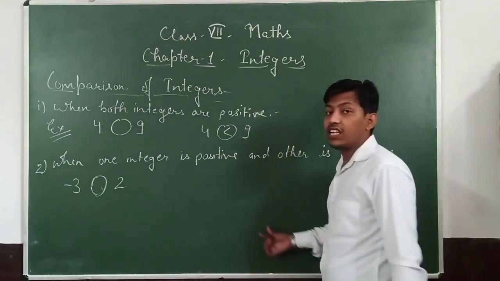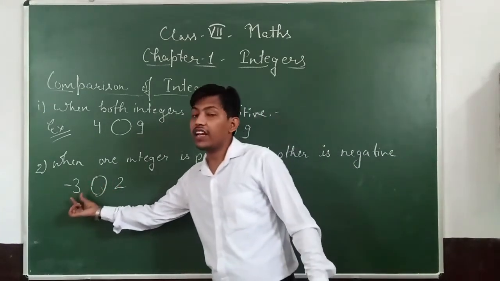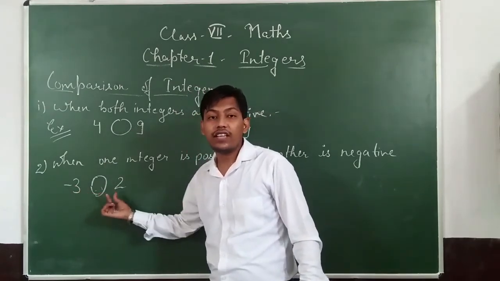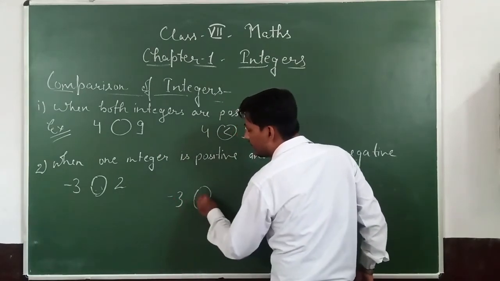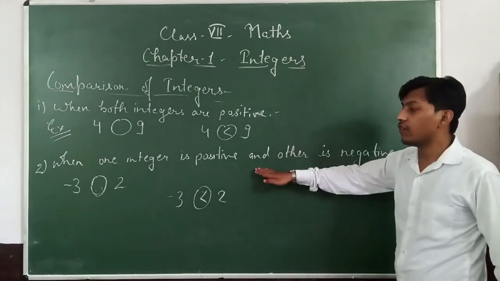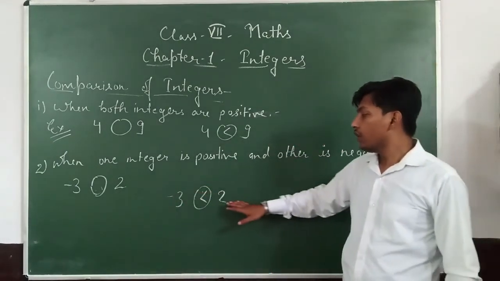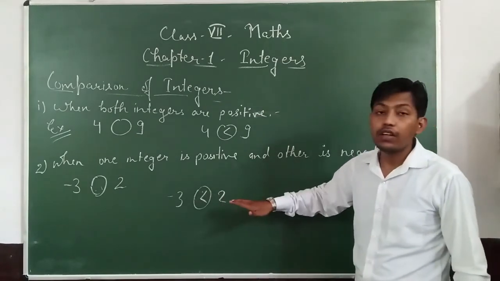We just see which digit has the negative sign. -3 has a negative sign, so -3 is lesser than 2. That means in this type of condition, when we have one negative integer and one positive integer, we put the greater sign toward the number which has the positive sign.